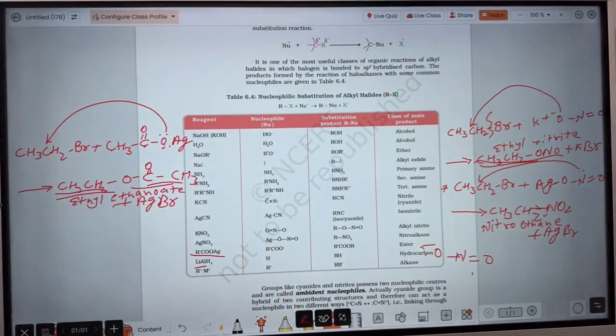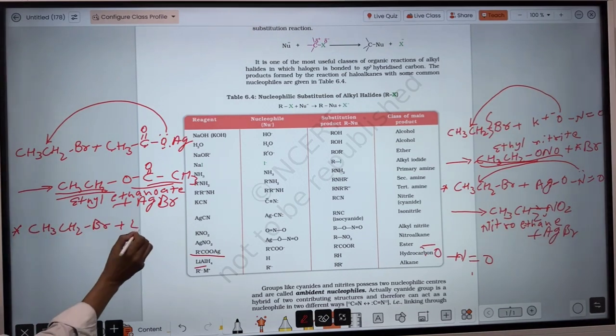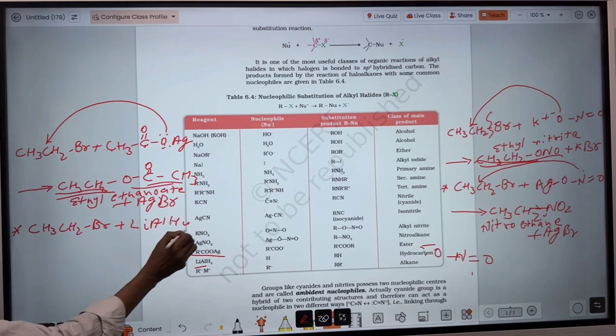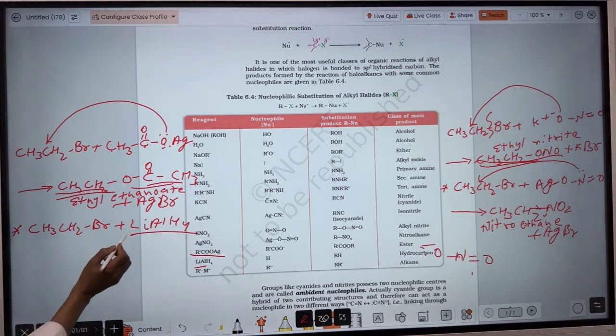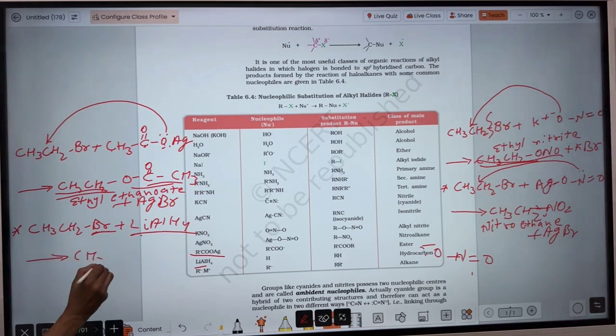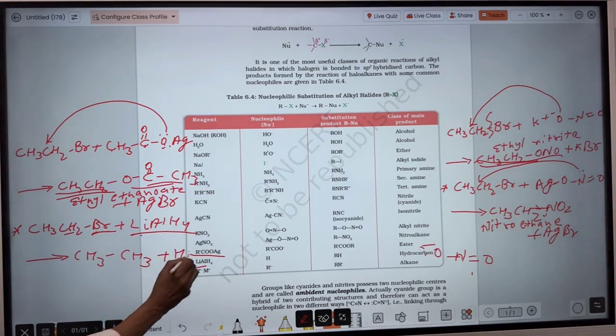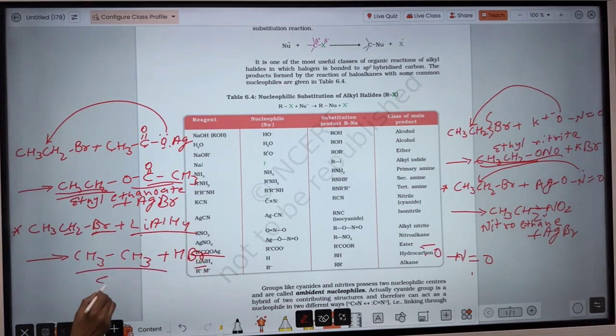So what will happen? Let's see this reaction. It will provide nascent hydrogen, so hydrogen will replace this bromine. It will again be bonded to this. This becomes CH3. Two hydrogens were already there, and one hydrogen has been bonded. So CH3 and HBr. What happened here? Ethane formed.